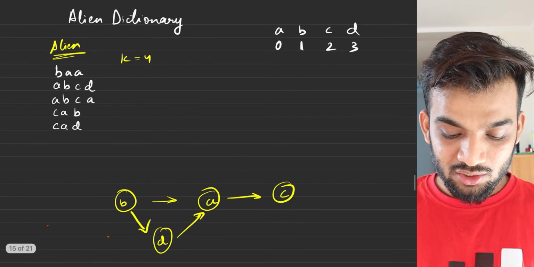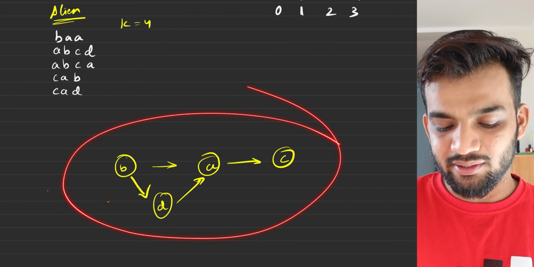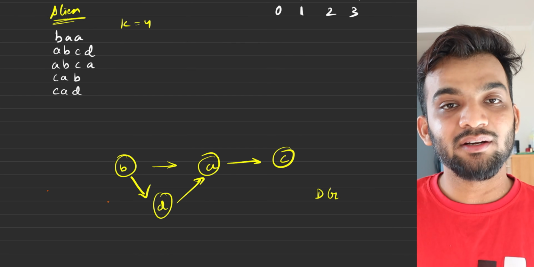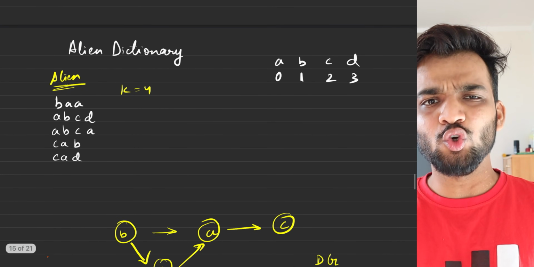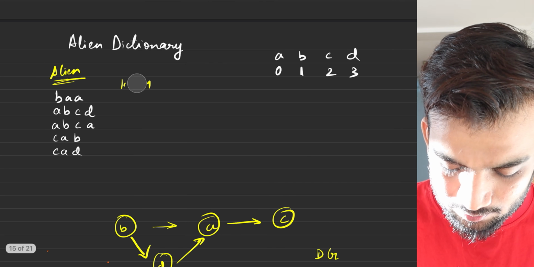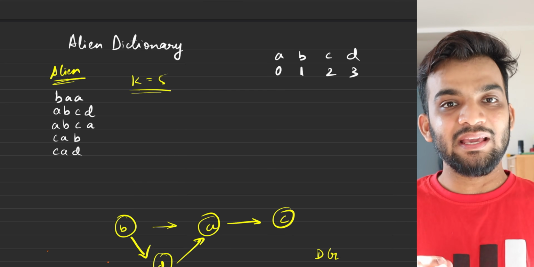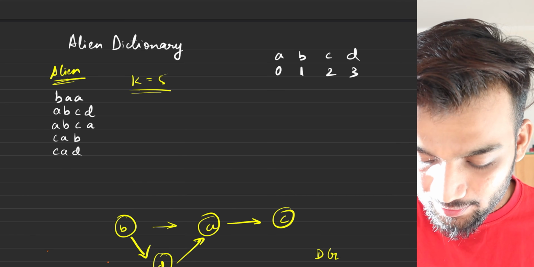Once you've done this, we're pretty much done. We have created the directed graph. Now, assume there was something like k equal to 5. Then there would have been an alphabet E as well.